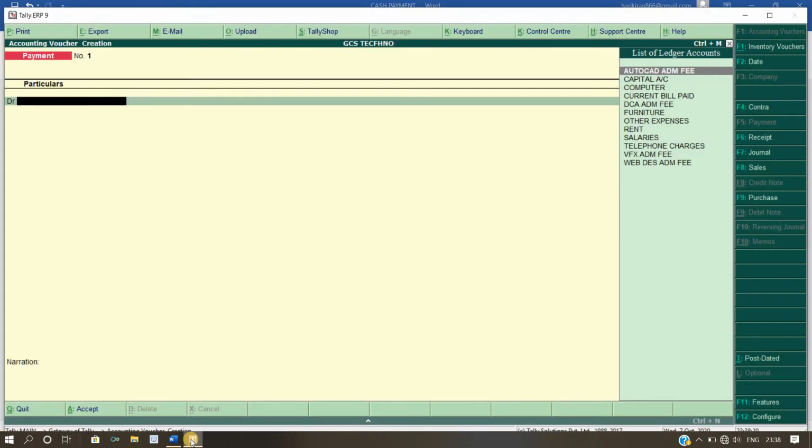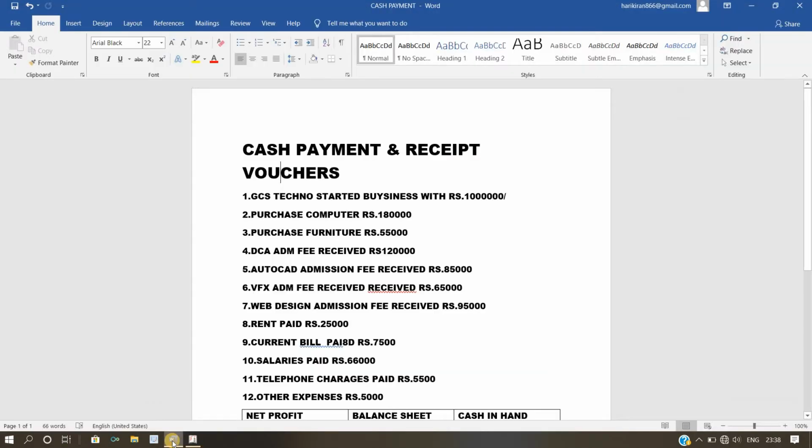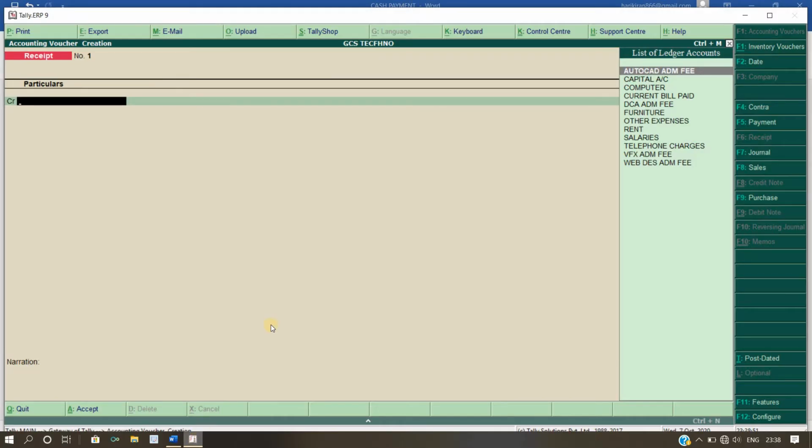Okay. Here first we have to know the receipt voucher and payment voucher. If you press F5, it is payment voucher. If you press F6, it is receipt voucher. And now the first one is receipt voucher friends, because we are starting business, right? We are investing money, so you have to enter it in receipt voucher, right? Okay, press F6 and now capital account.